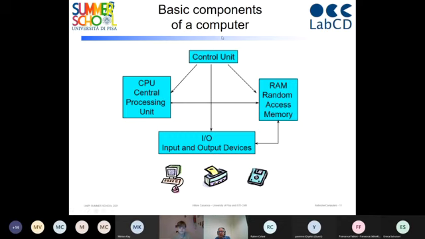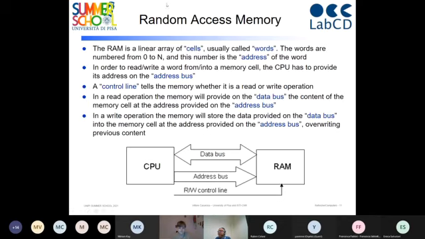If we go on, why is it called random access memory? First of all, what is the memory in this view? You can think of it as an array of cells or words, numbered from 0 to n.